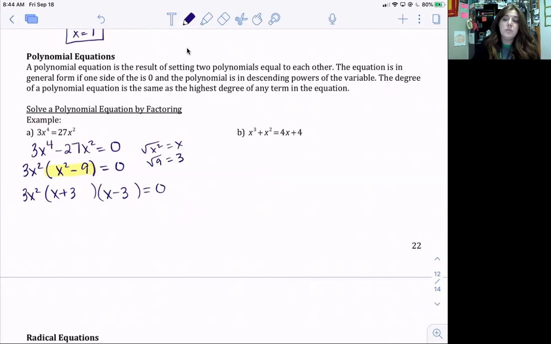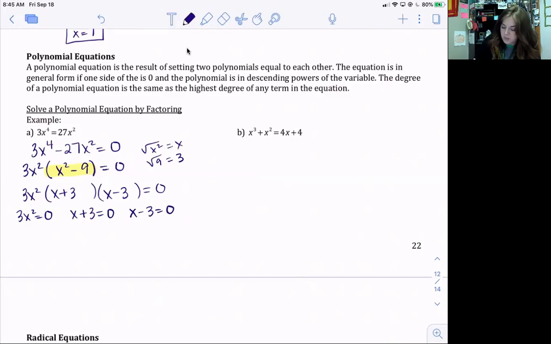And then you're just going to use the zero product property we talked about when we were solving quadratics. So 3x squared equals 0, x plus 3 equals 0, and x minus 3 equals 0.